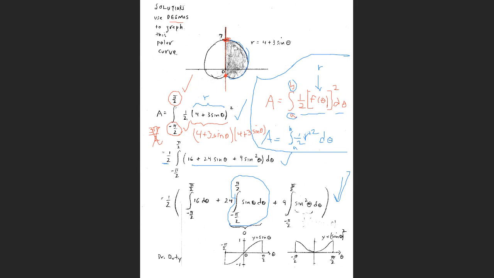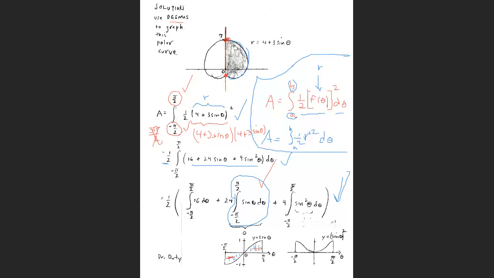But I noticed that the sine of theta from negative pi over 2 to pi over 2 is an odd function, and you're going to have positive area here and negative area here that cancels itself out. So this integral here is simply equal to 0. I don't need to worry about evaluating that integral.